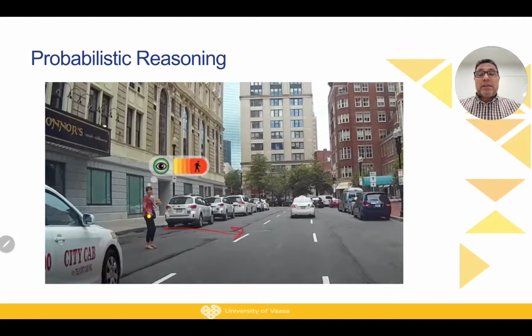Others are very careful, so they don't cross the road unless they are almost sure that the probability is, let's say, 1 in 1,000, or the road is empty, so it is almost zero. Now this way of deciding is based on probabilistic reasoning. So you have this probability in your mind even without computation.